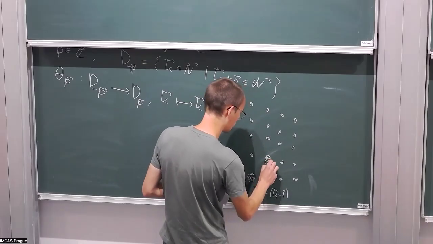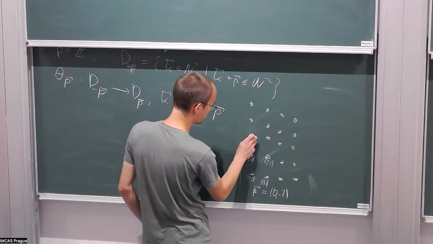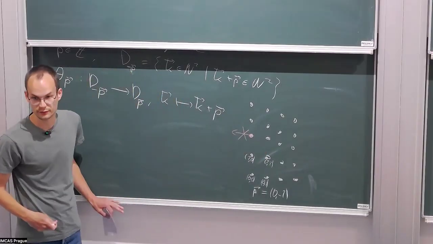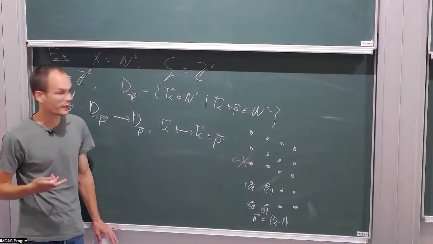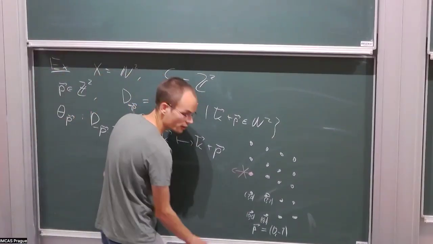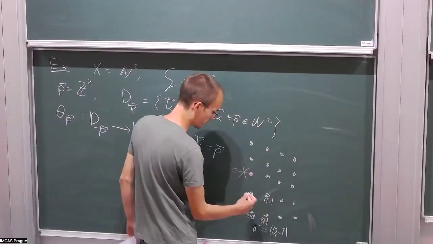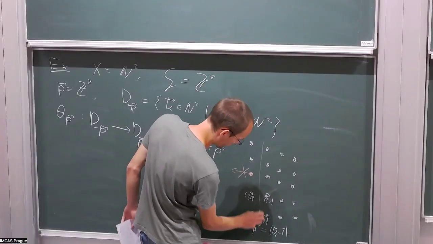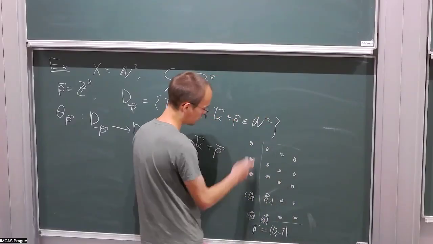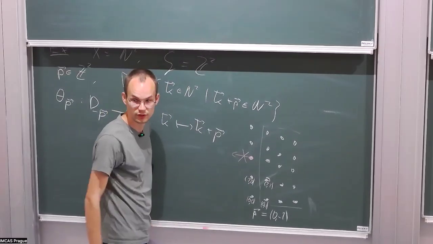This is 1, 1. This is 1, 0. If I take this point here, I'm not allowed to shift this to the left, right? So this is not a globally defined action. This simply doesn't work. But what I can shift to the left by 0, minus 1 are exactly those points here. So everything that does not have a 0 as its first coordinate, that you can shift to the left.